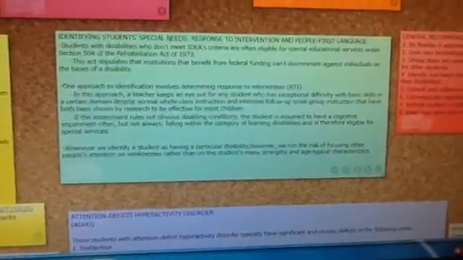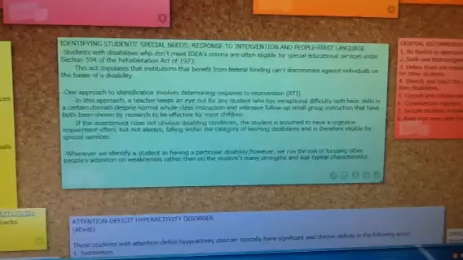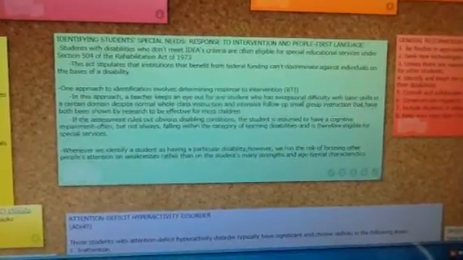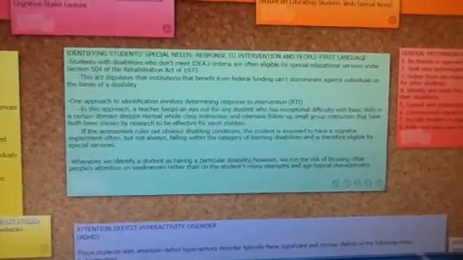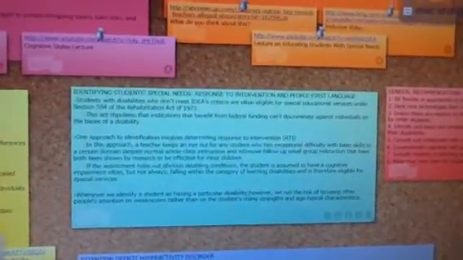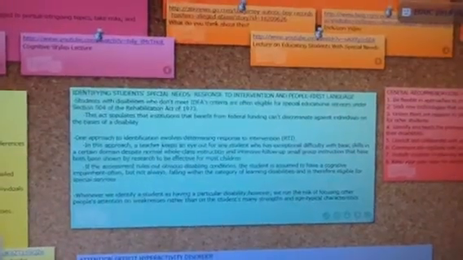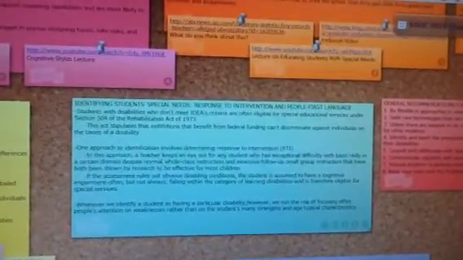Now, whenever we identify a student as having a particular disability, we run the risk of focusing other people's attention on weaknesses rather than on the student's many strengths and age-typical characteristics. I can tell you, in my time in the public school system, this last set, I had two students who were classified as resource kids, special needs kids, getting resource benefits, who were on the honor roll in middle school.